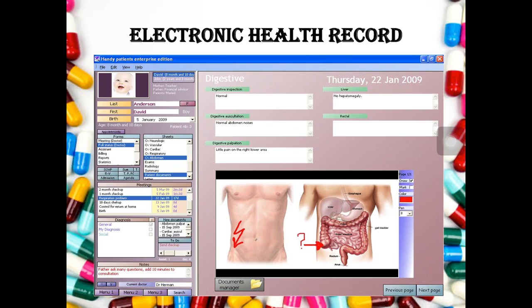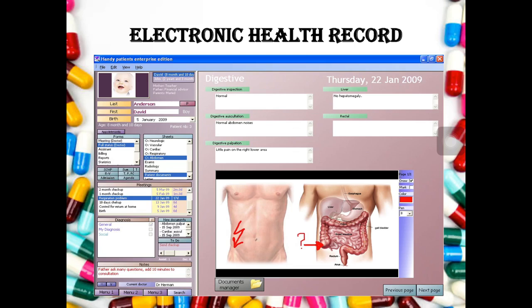An EHR can contain a patient's medical history, diagnosis, medications, treatment plans, immunization dates, allergies, radiology images, and laboratory test results. Integrated electronic health information systems allow doctors, nurses, pharmacists, and other healthcare providers to appropriately access and securely share a patient's vital medical information electronically.